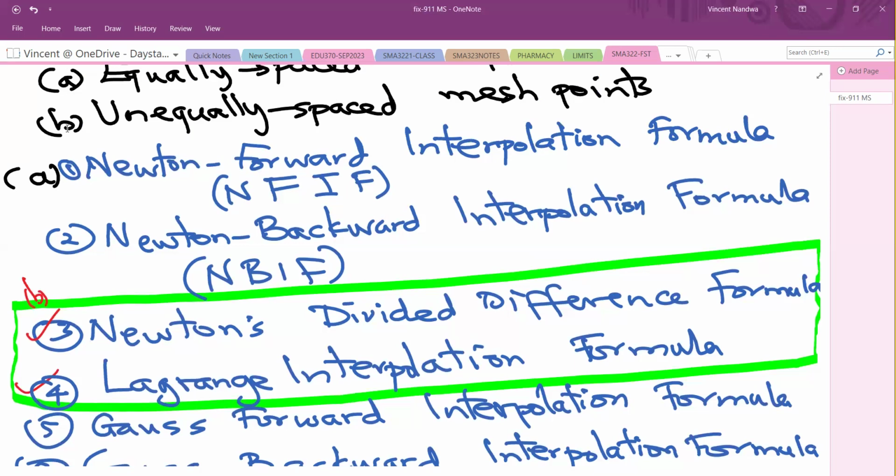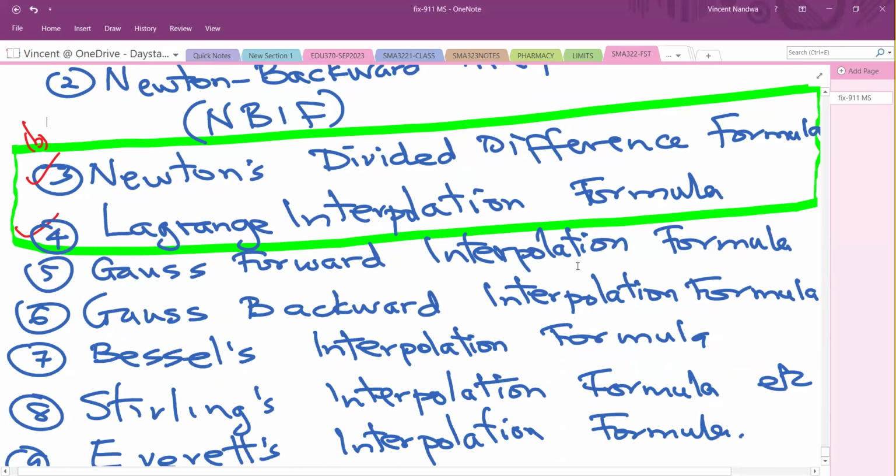That's just for the purpose of class discussion. You'll get time to see what happens in those other formulas. Once we discuss those main 3 interpolation formulas, you will be in a position to read and understand how the other types of interpolation formulas work.